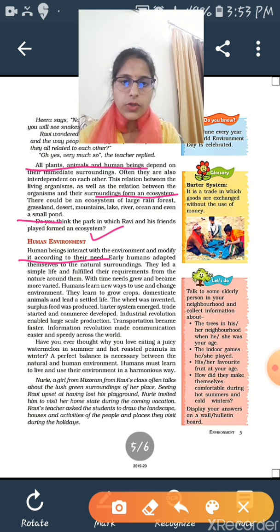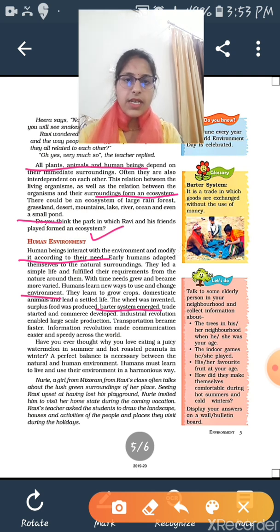Humans learned new ways to use and change the environment. They learned to grow more crops, domesticate animals, and lead a settled life. The wheel was invented, surplus food was produced, and the most important, the barter system emerged.